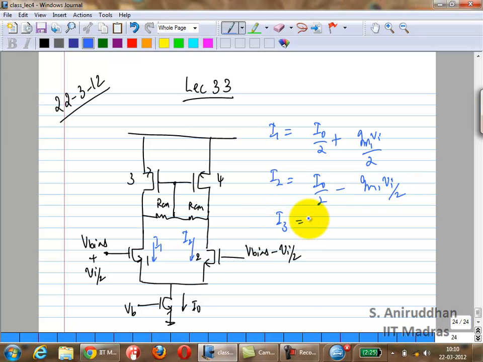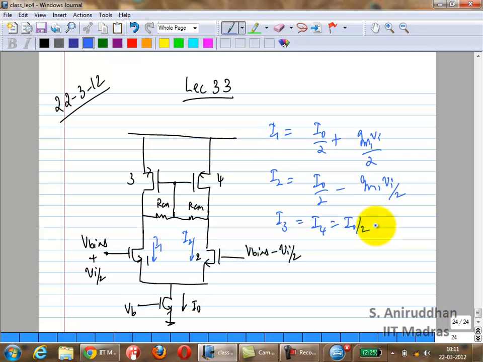What are I3 and I4? I3 will be equal to I4, which is I0 by 2. That's what your common mode feedback circuit has done. You have basically tried to create perfect current sources.